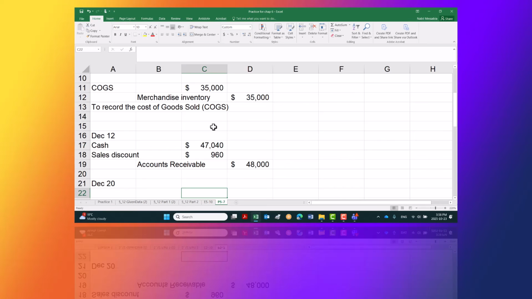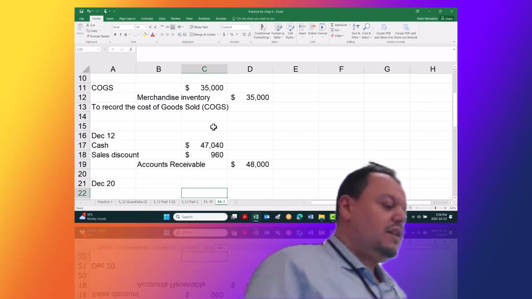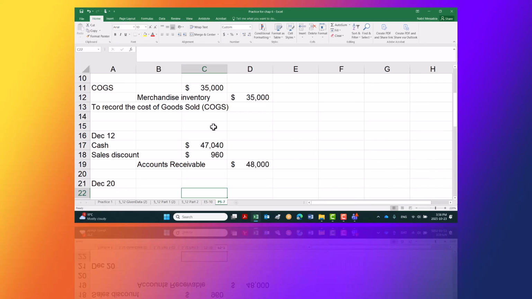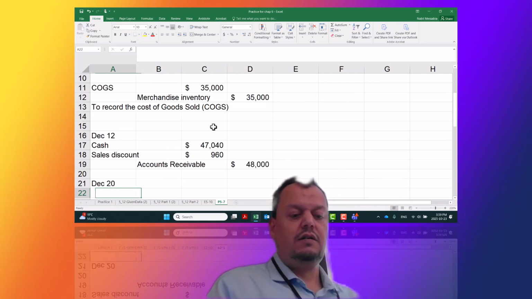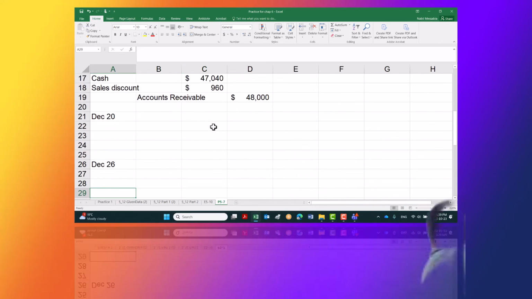Good. Okay, and then on December 20, collected $90,000 in cash from customers for credit sales made on November 23. Simple one, this one. December 20, we have collected $90,000 in cash from customers for credit sales of last month.